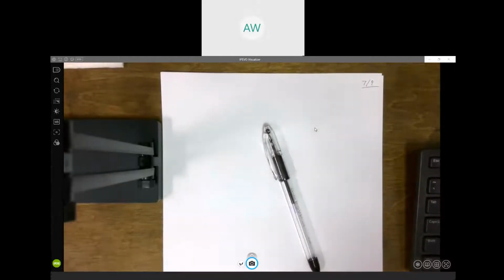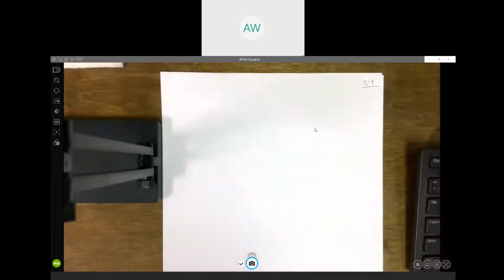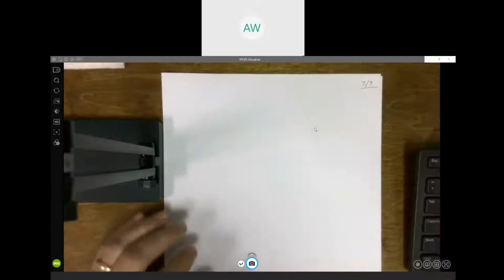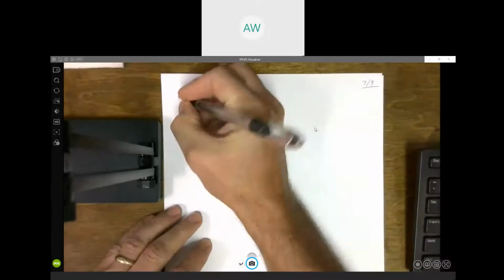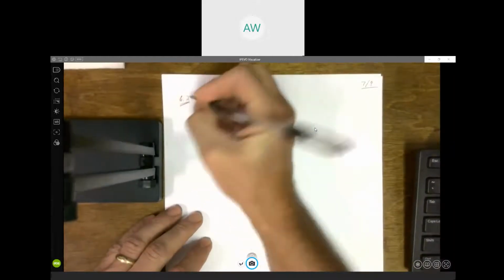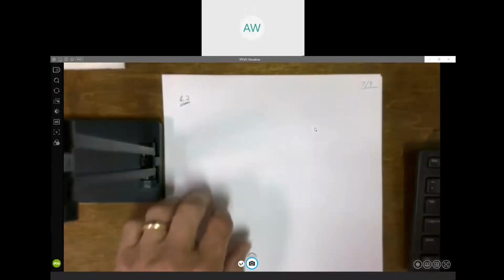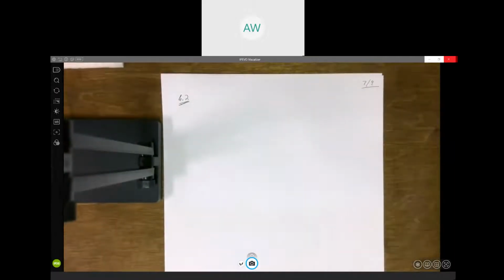What we're going to do today is continue talking about how to construct shear and moment diagrams. We did a couple of examples yesterday, and I'll remind you this is using what I call the graphical approach.